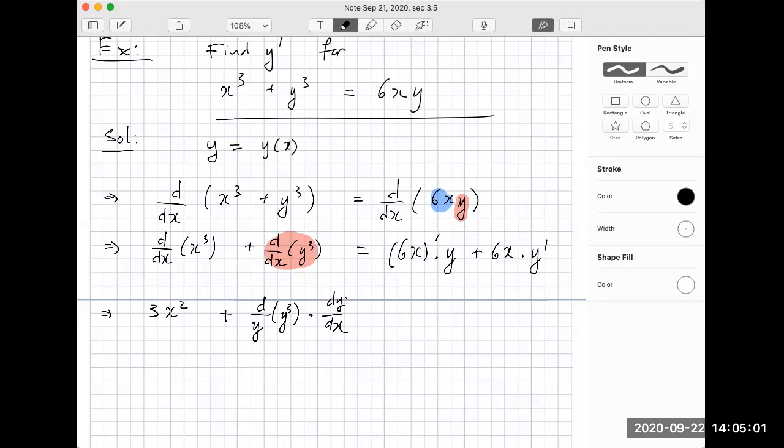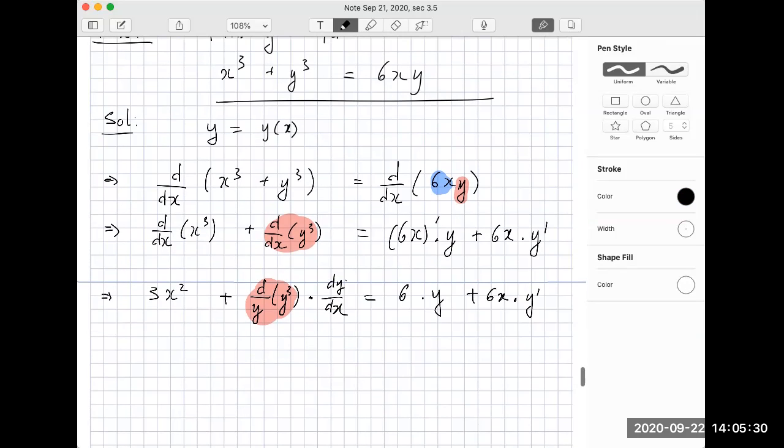And the right-hand side, what do we have? Yes, the derivative of 6x gives us 6 times y plus 6x times y prime, just rewrite it. Now from here, it is simply d over dy of y cubed. And this, we just rewrite it, 3x squared.